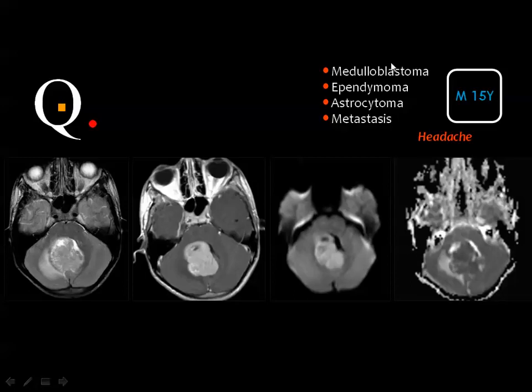Ependymoma or medulloblastoma or astrocytoma or metastasis? This is diffusion, meaning that the lesion shows restricted diffusion. The only midline space-occupying lesion in the posterior fossa with restricted diffusion is medulloblastoma.